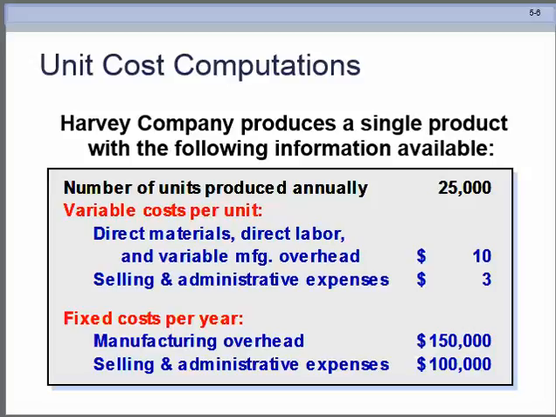So, based on this information, the number of units produced annually is 25,000. DM, DL, and variable overhead are $10 per unit. Selling and administrative is $3 per unit. And then we have our fixed costs per year.